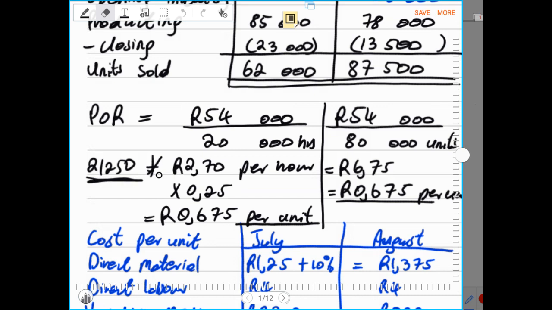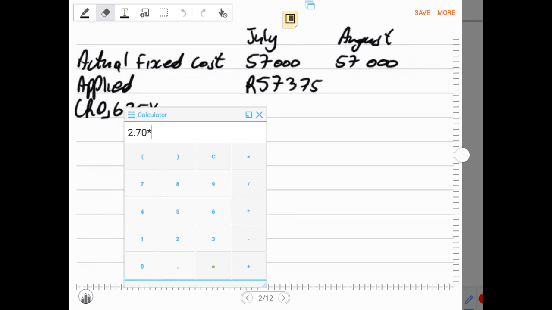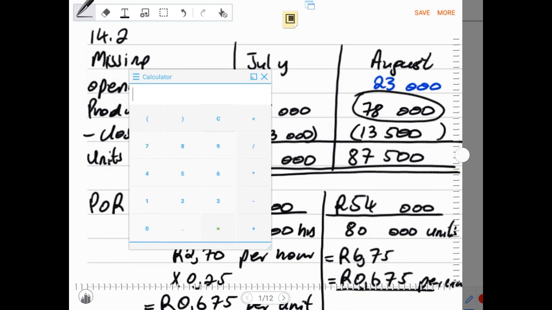Then we must allocate this amount where it is supposed to be allocated. Let me recalculate it, where we take 2.70 and multiply it by the number of hours. Let us check our number of production hours. We know that it will be 78,000 units, and we know that it takes 0.25 hours to complete 1 unit.